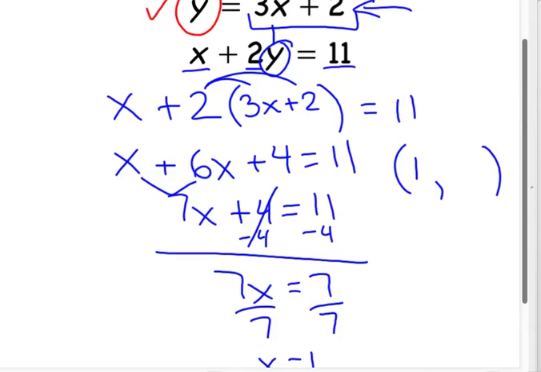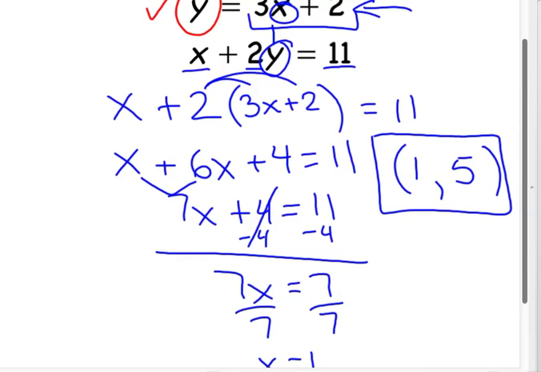So imagine I replace this x with 1. I get 3 times 1 is 3 plus 2 is 5. I could use the other equation, but it would just be more work. So my answer is 1, 5. It's the only point that's going to solve both equations.